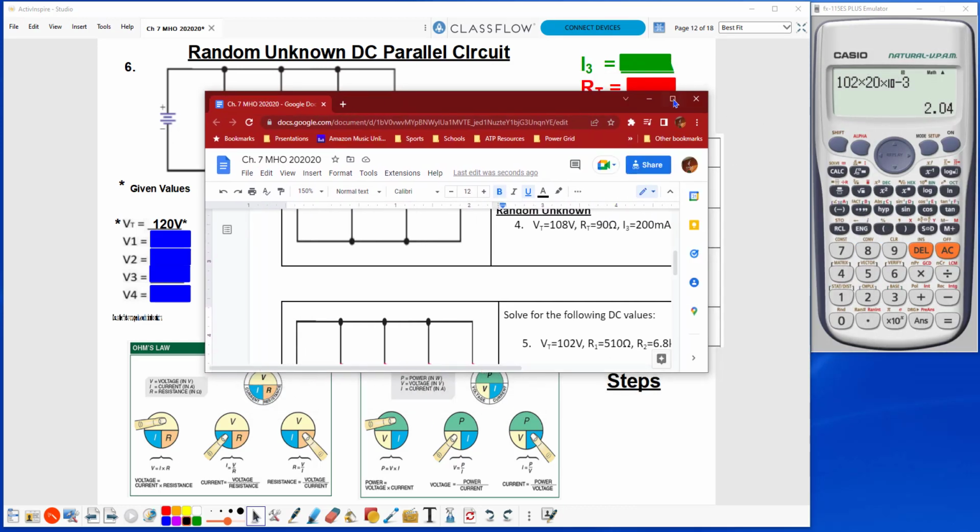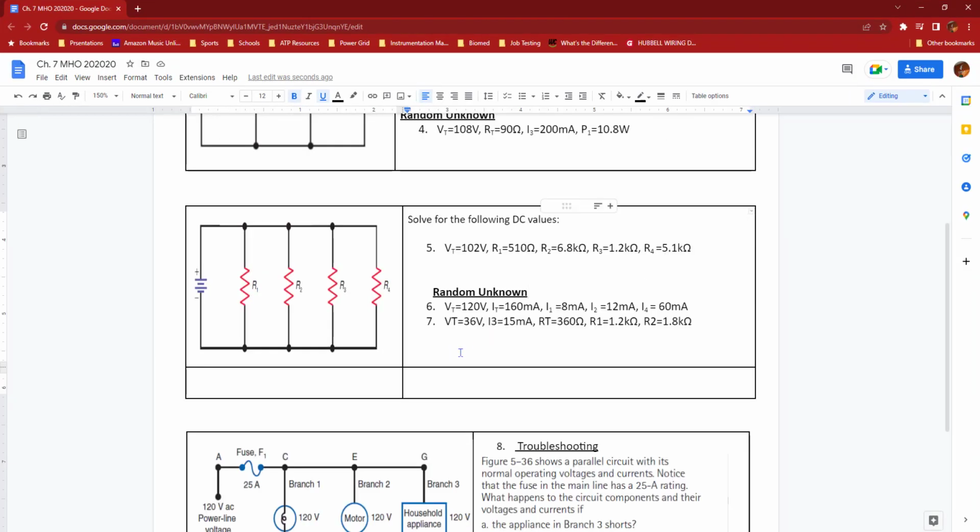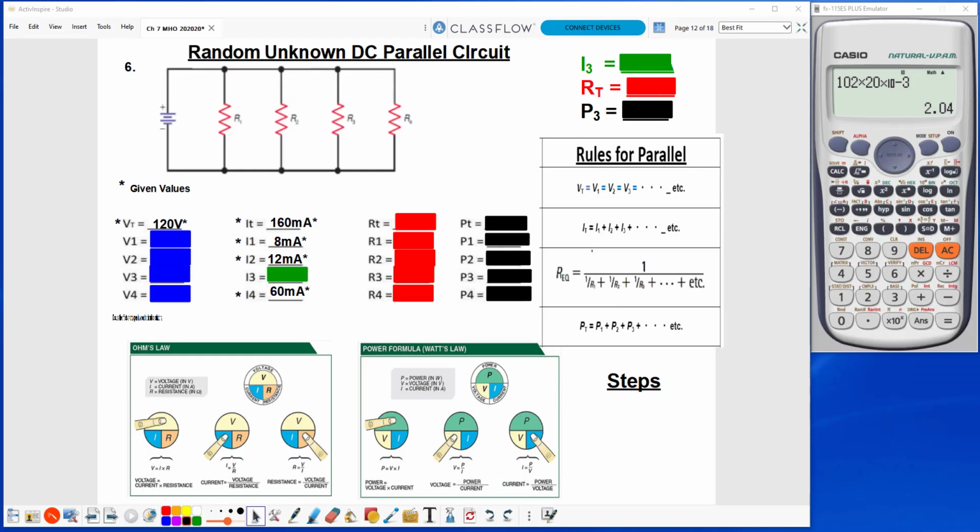So I look at my handout here, and I can tell that number 6 is a random unknown because it does not give me the value of all of the resistors. So I'll take my known values from this sheet and fill in the blanks on the worksheet here.